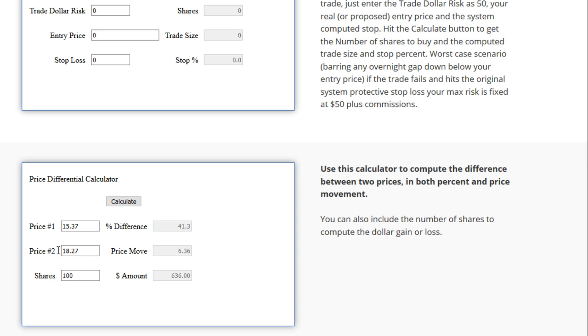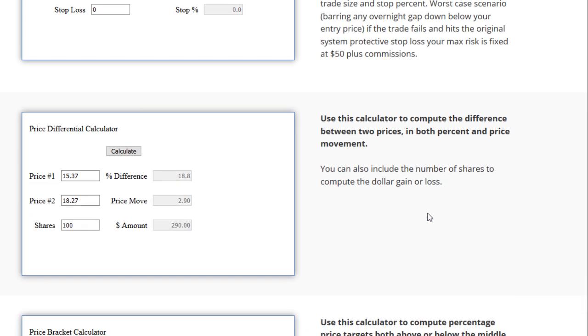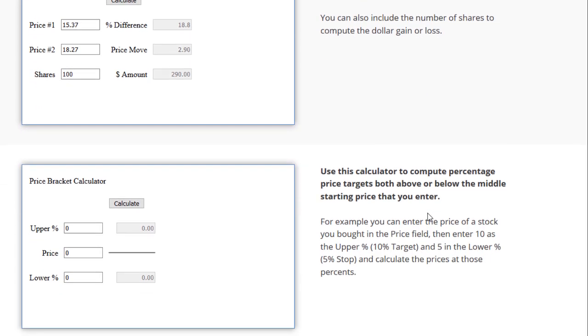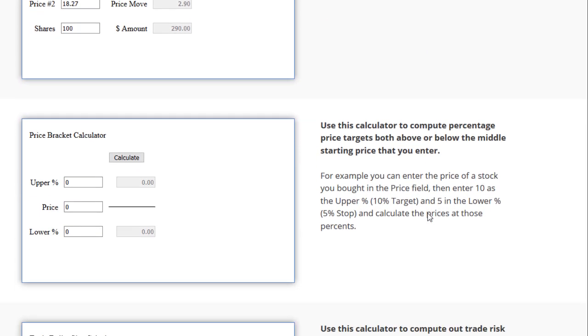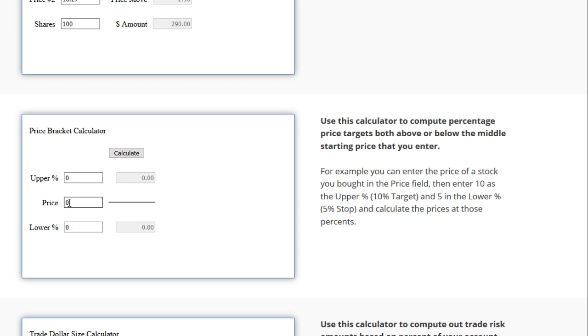I described it in the video: I originally made all these calculators for myself in a spreadsheet a decade ago, and I use them constantly in my swing trading. They're just handy dandy, super duper little calculators to utilize.